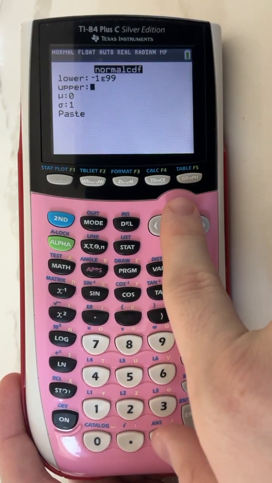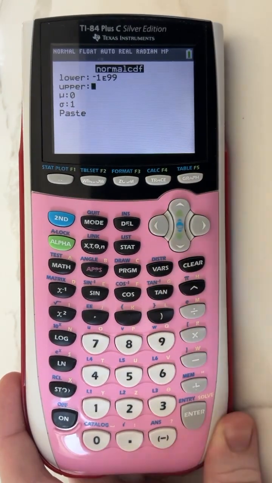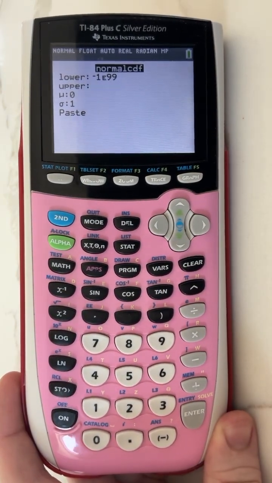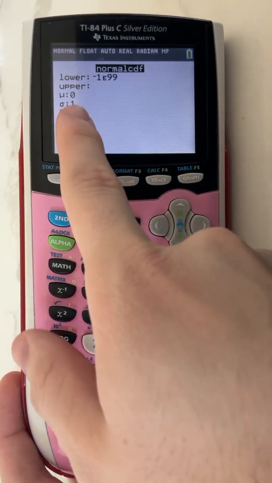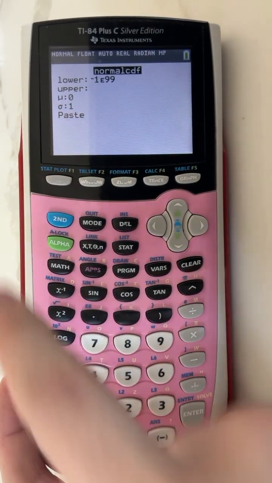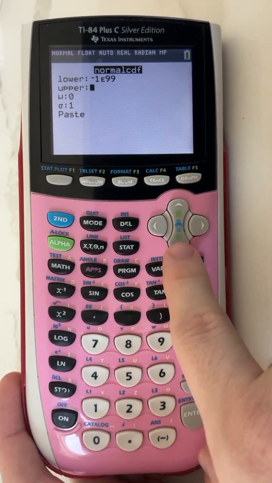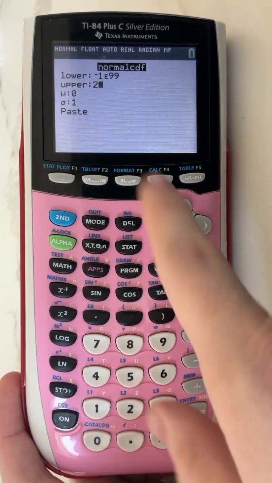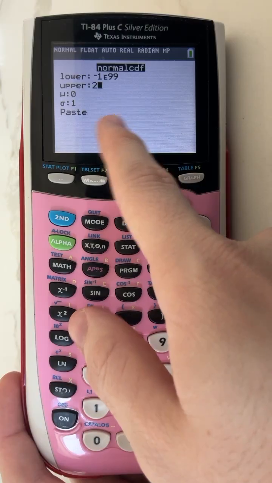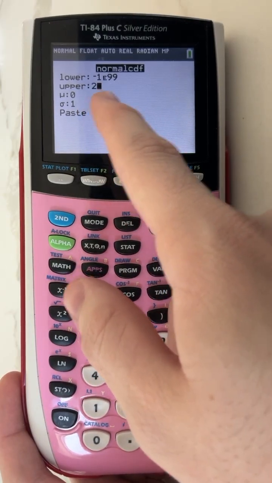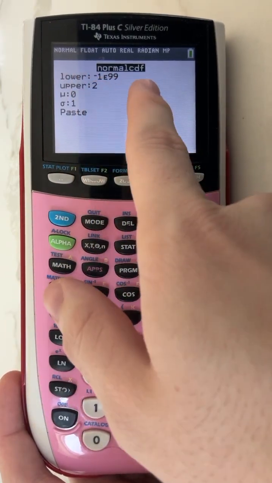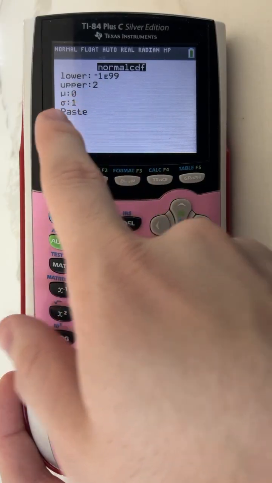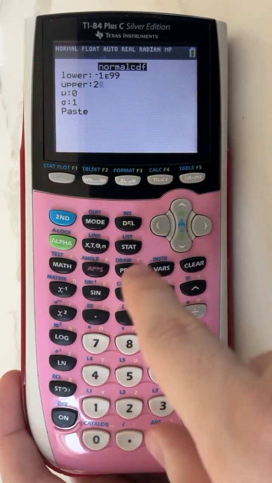So what we'll do is, let's say, for example, we wanted to know if we were looking at a standard normal distribution, so the mean is 0 and the standard deviation is 1, what's the probability that a z-score is less than 2? So it could be negative 1,000 still, that's possible, but it cannot be higher than 2. So we'll put lower super negative number, upper 2, mean 0, and then sigma 1.